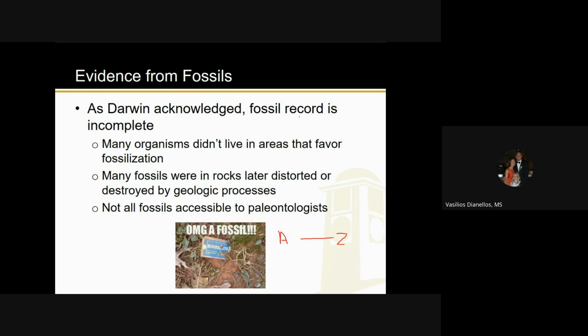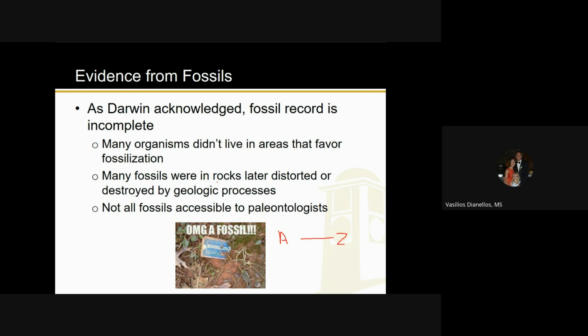But the fossil record is incomplete. For one thing, many organisms didn't live in areas that favor fossilization. So there are some places where they just died and that was it. They decomposed, nothing was left. There were no fossils. Also, many fossils were in rocks that were later distorted or destroyed by geological processes. Think about what I was saying on Wednesday about how the Himalayas were formed, right?